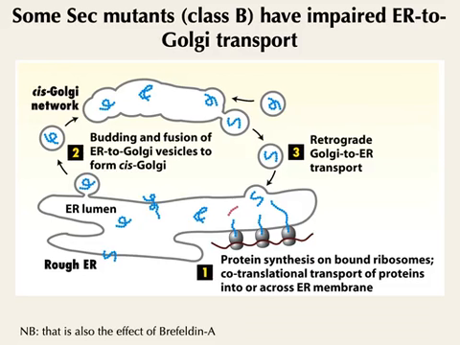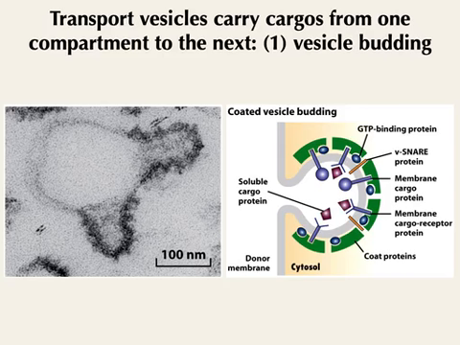So I want this to sink in a little, because this is a testimony to the importance of the retrograde transport for the homeostasis of the ER, for even the ability of the system to achieve anterograde transport. Some of you look mesmerized. That's great. Let's move on.